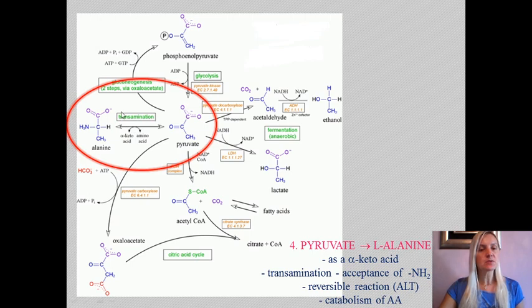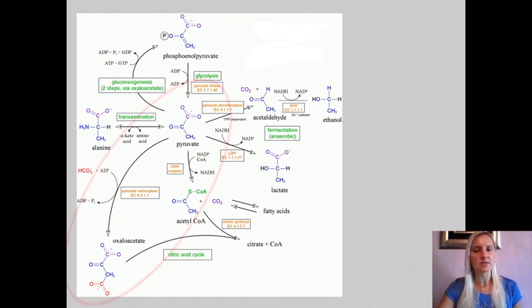So this is the process of transamination. The conversion of pyruvate to alanine, and the opposite, is reversible and catalyzed by alanine aminotransferase, the ALT enzyme. I hope that you have heard about this enzyme so far. We're going to talk in more detail about it during the story on catabolism of amino acids. For now, just list that this is one option for pyruvate conversion in our organism.